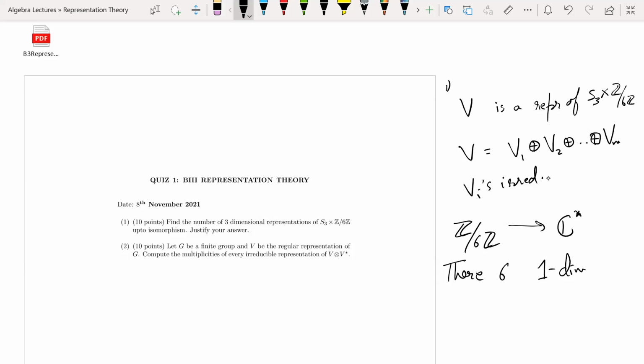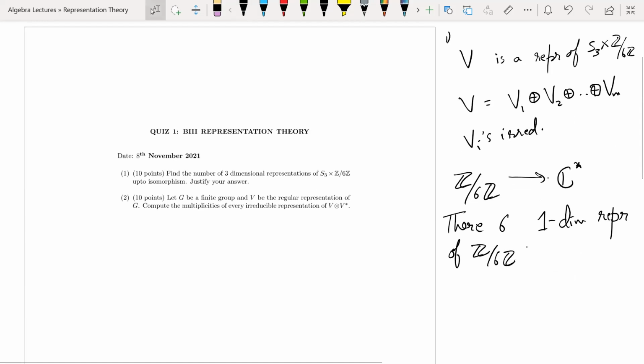We just have to count how many there are. One-dimensional representations of Z mod 60 correspond to a homomorphism from Z mod 60 to C star, and there are 60 of them. You send 1 to the 60th roots of unity, and it determines the homomorphism.